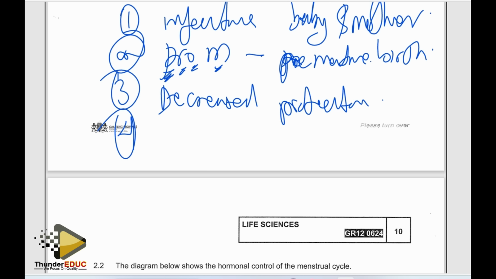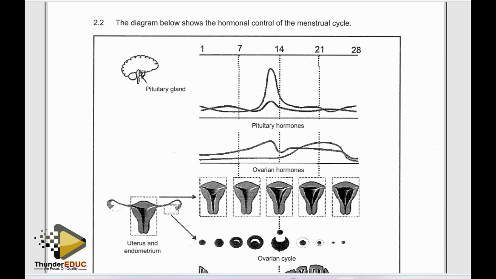Others you have written, if they make sense, we will allow them during the marking session. Here I'm just giving you the most likely answers so that you feel comfortable.